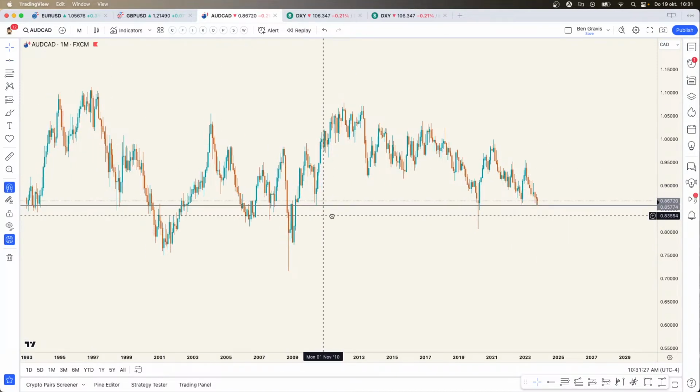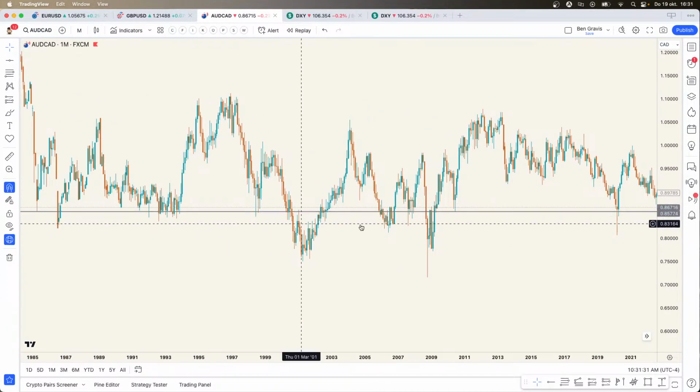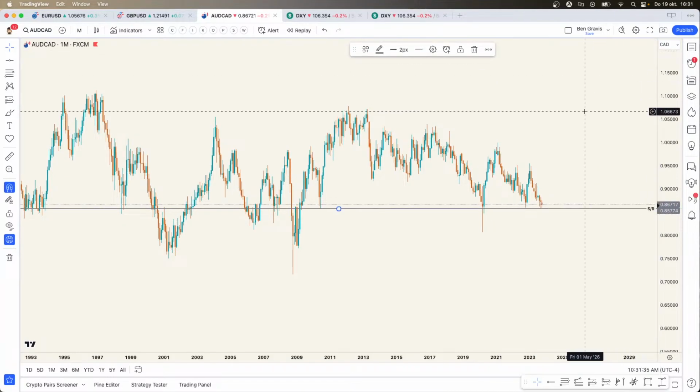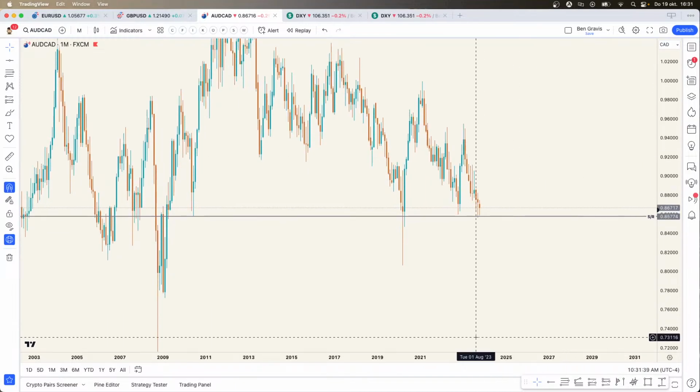You see this wick over here, the wicks over here, wicks over here, wicks over here. Huge monthly support. Okay, you do not want to lose this.